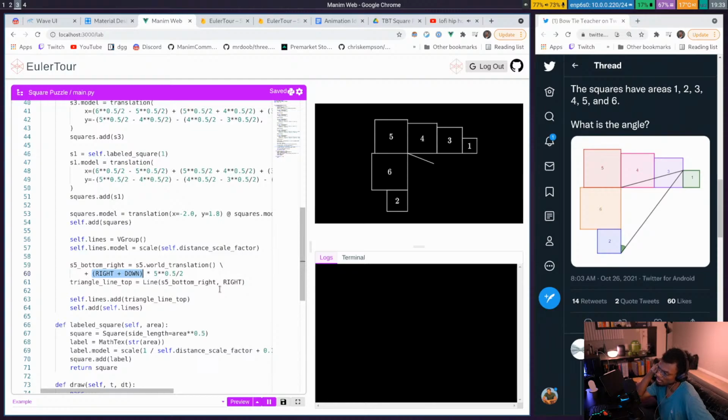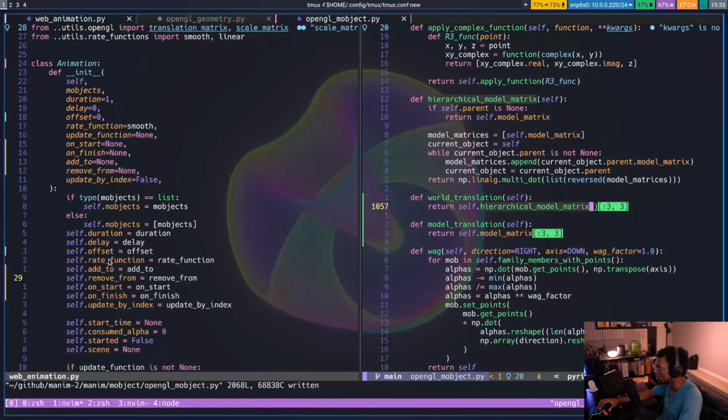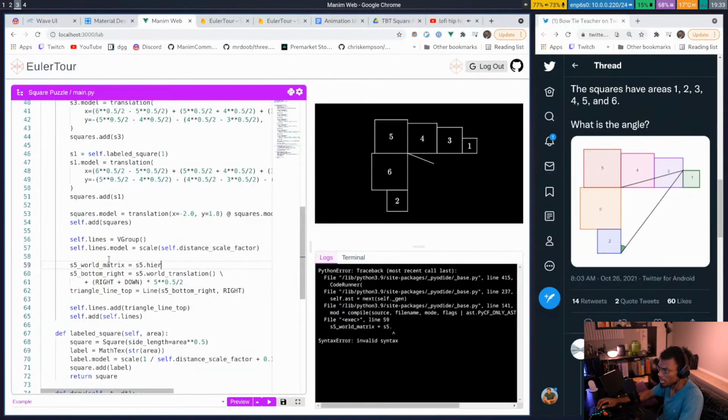So I guess the more correct way to do this, I'd say like S5 world matrix equals S5 dot, I forgot the name of that thing. No. Hierarchical model matrix, which maybe I should just rename.